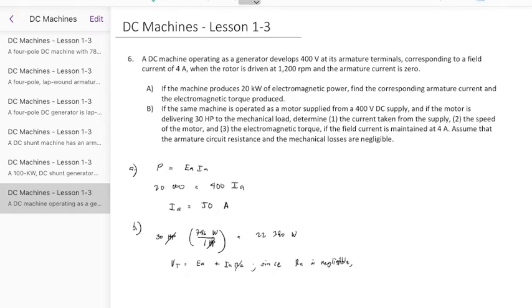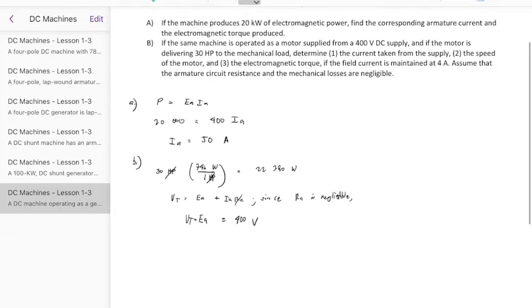So therefore, ma-zero na siya, then atong VT is equal to EA or equal to 400 volts. So mana siya nga to ang voltage.